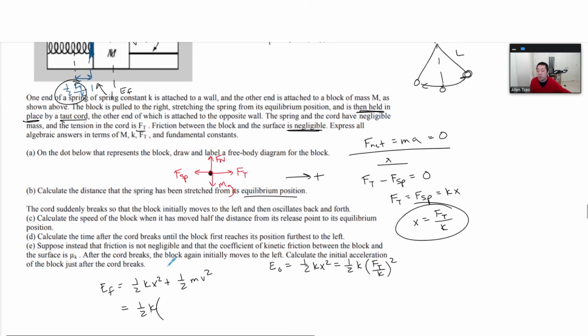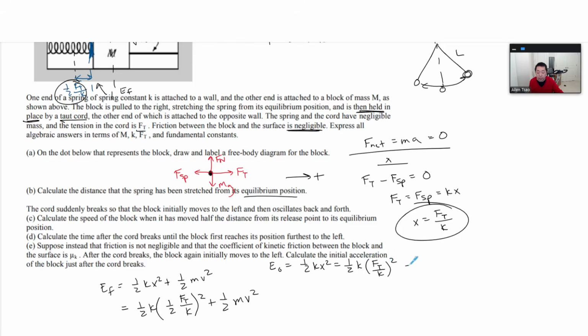Now, what is the displacement at that point? How much is the spring being stretched? It's half of the displacement all the way to the end point. Oops, that was badly written. Ft over k plus 1/2 mv squared.